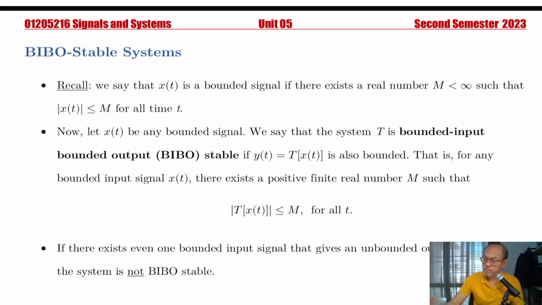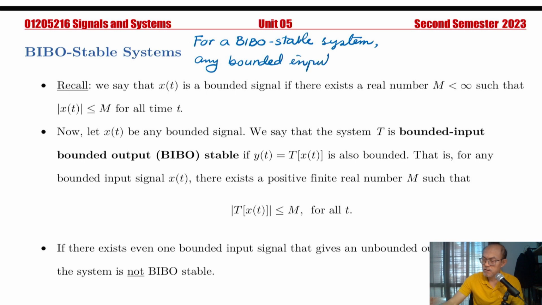So for a BIBO, bounded input, bounded output, stable system, any bounded input has to yield a bounded output.